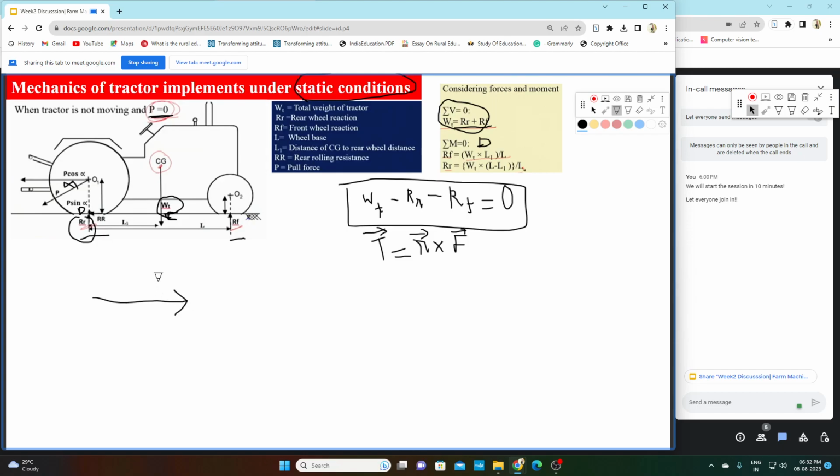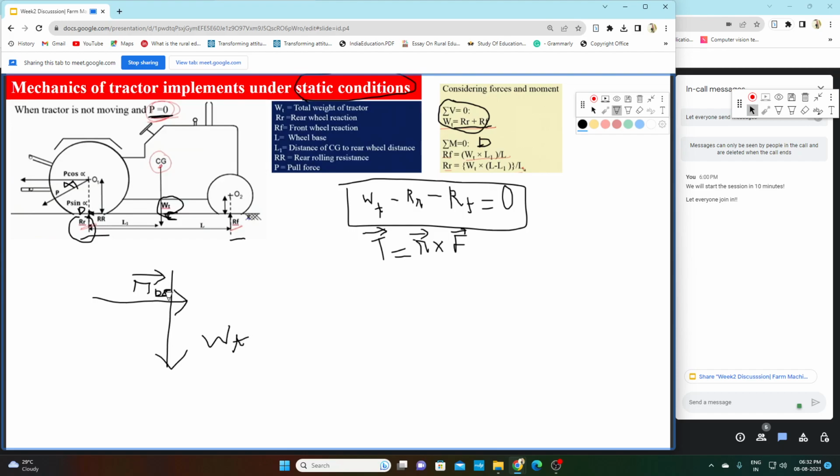This is RDC, because the starting point of the distance direction will be where we are taking the moment. So this is RDC. Now where is our force coming? That is coming here, WT.